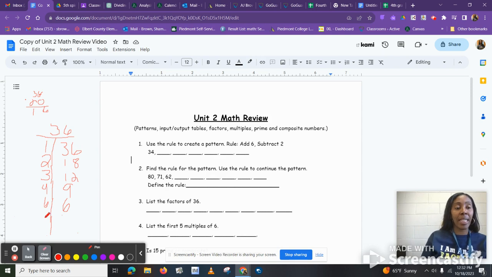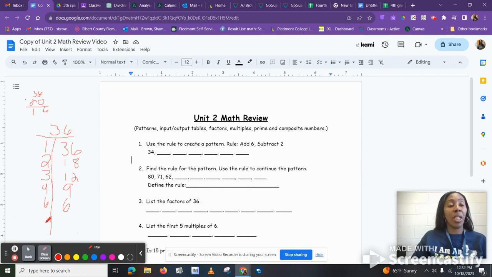What about 8? Is there anything I can multiply by 8 to get 36? Well, I know 8 times 2 is 16, 8 times 3 is 24, 8 times 4 is 32. 8 times 5 would be 40, so I skipped 36. So 8 is not going to be a factor of 36.